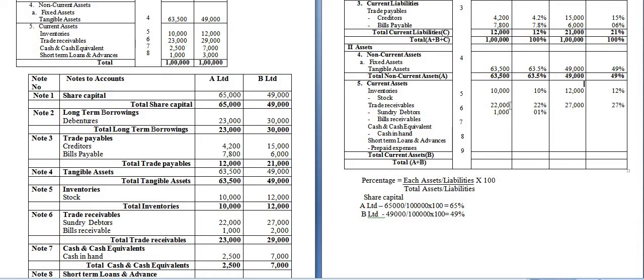Okay, next one, the amount of bills receivable of B Limited is 2,000, right? Yes, 2,000. So 2,000 divided by 1 lakh into 100 is 2%. Correct?